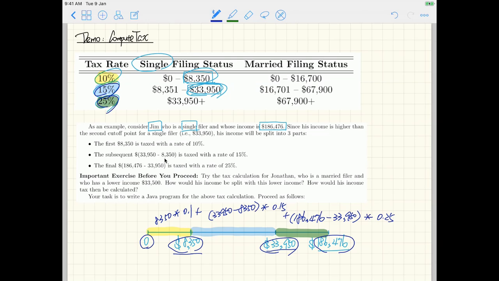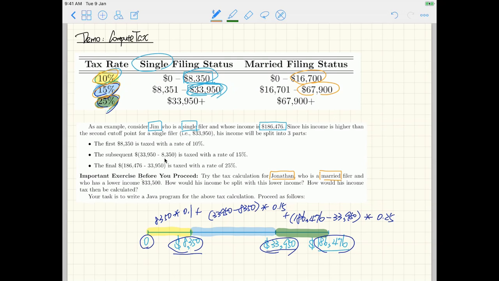Now let's consider the second example quickly for Jonathan. I will use orange over here. Jonathan is a married filer. The idea is we're still going to split Jonathan's income into up to 3 parts, but now we're going to use the 2 different cutoff points. We're going to selectively choose these 2 cutoff points accordingly. Let's see how we can split his income.